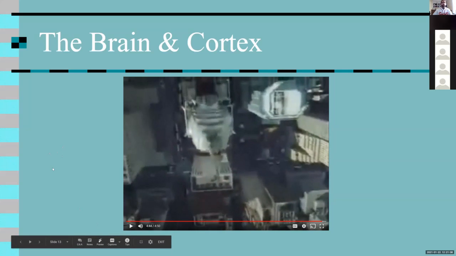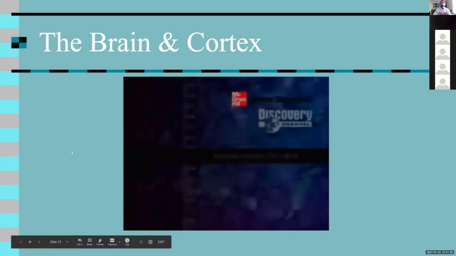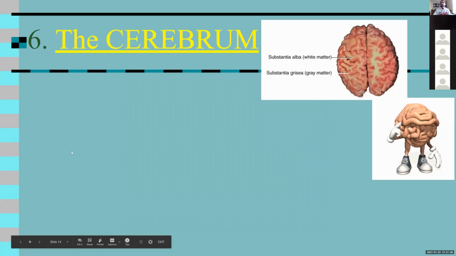Okay, so when we're talking about the brain and its processing power, he said that there's about 100 billion neurons with about 50,000 connections between those 100 billion neurons. So there's a lot of different ways that neurons can communicate with each other. The vast majority of this contact and connection is happening in the cerebrum. And so you can think of the cerebrum, like the person in the video called it, as our thinking cap.